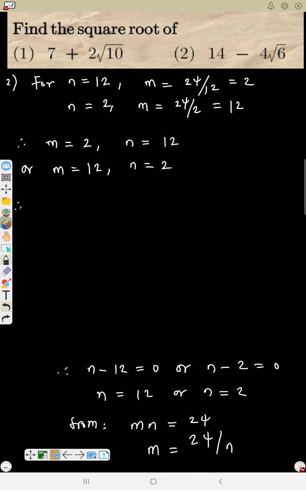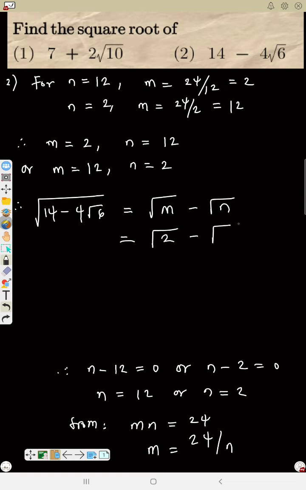So finally, we have square root of 14 minus 4 root 6 is equal to square root of m minus square root of n, remember I said. So that will be square root of 2 minus square root of 12.